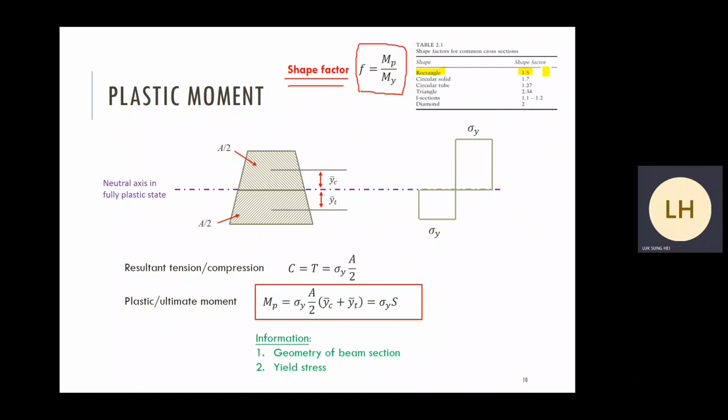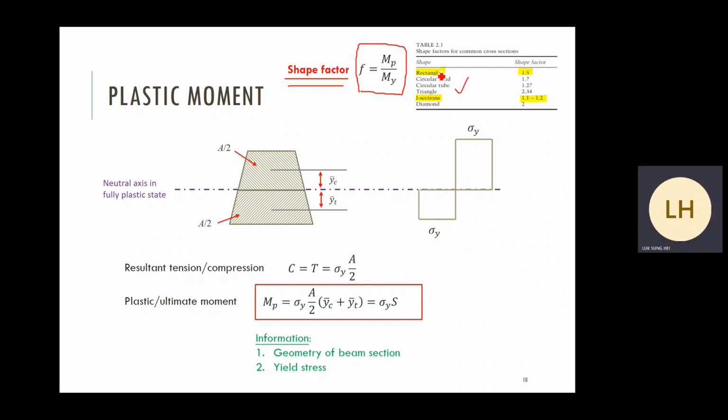You can prove this yourself. You can find out the yield moment and plastic moment for rectangular section yourself and double check this table. For I section, the shape factor is approximately equal to 1.1 to 1.2. Again, if you have time, you may double check yourself.